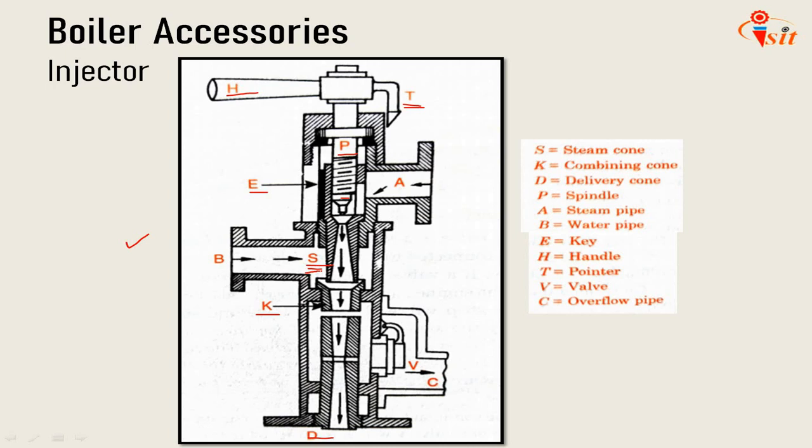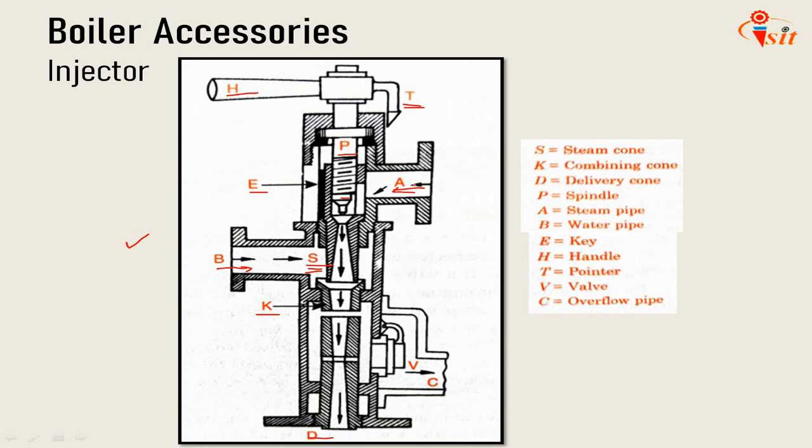The steam enters through a steam pipe A, while the feed water enters through water pipe B. The flow of water is also regulated due to sliding motion of the steam cone by its lower end.